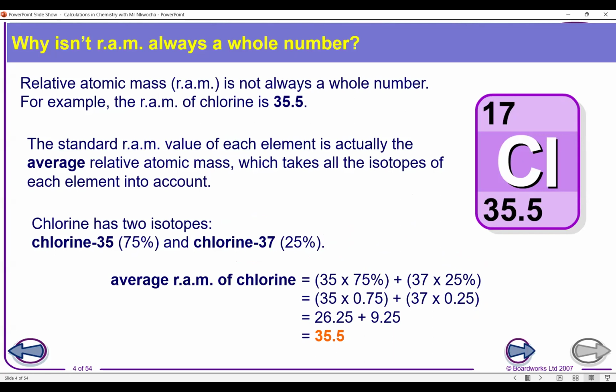Maybe we have what we call a mass spectrometer, which can help us identify various isotope peaks and their ratios. If you want to calculate it using the ratios, multiply the ratio for each isotope by its mass number, just as with percentage. At the end, add everything together and divide by the total ratio.